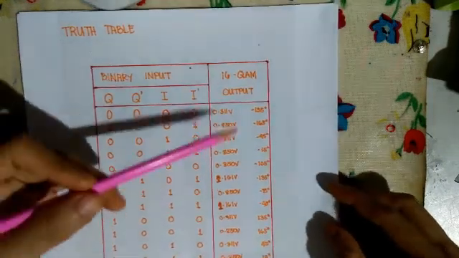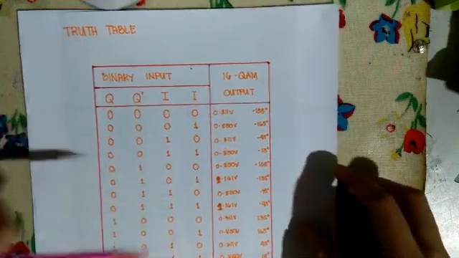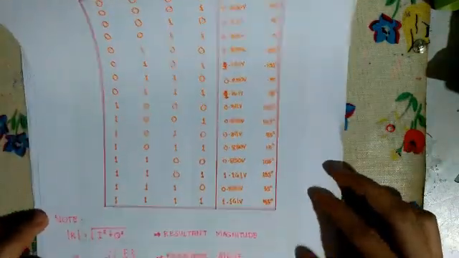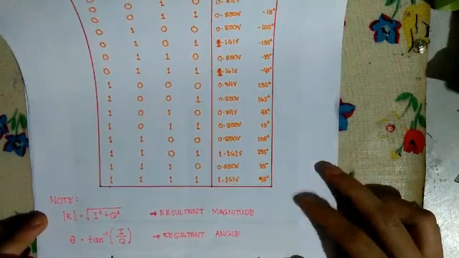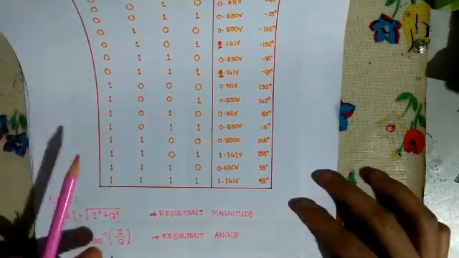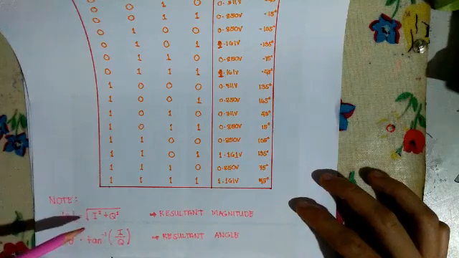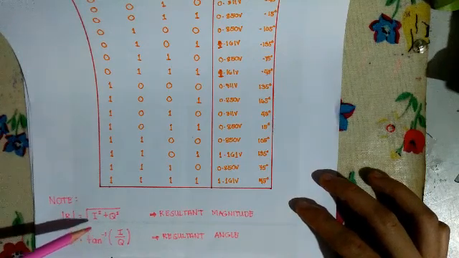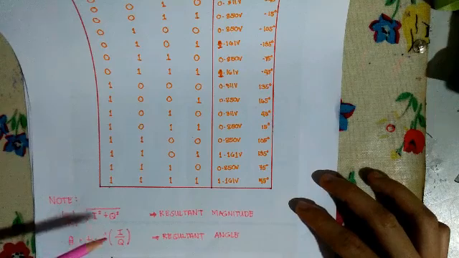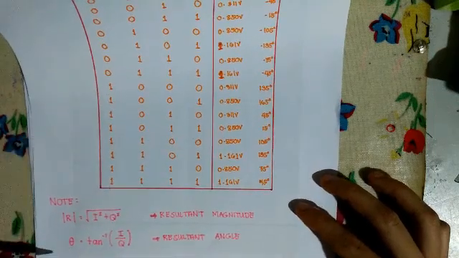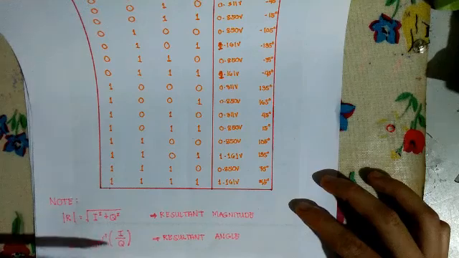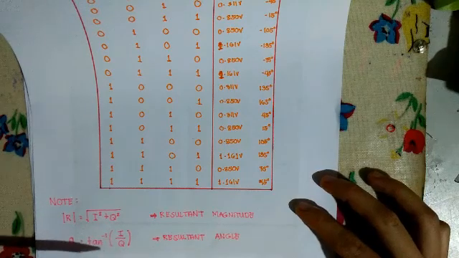In determining the magnitude of the 16 QAM, we have to use the formula for the resultant magnitude, and that is the absolute value of R is equal to the square root of I squared plus Q squared. And for the angle, we have to use the formula theta is equal to arctan of I over Q, which is I channel over Q channel.